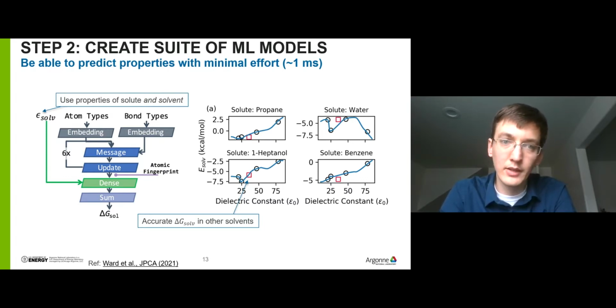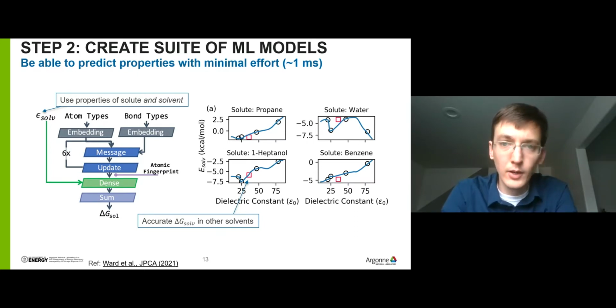I then augment these with the properties of the solvent, namely the dielectric constant, and I pass those through a network that predicts a single value for each atom, its contribution to the solvation energy, which I can sum up to predict the solvation energy for the whole molecule. And as shown on the right, this model, which combines both properties of the solute and the solvent, gives me a model that can accurately predict the solvation energy of a molecule in solvents we haven't yet explored.